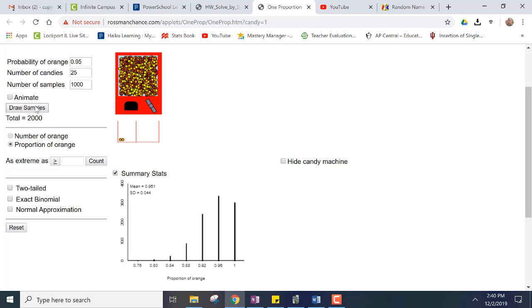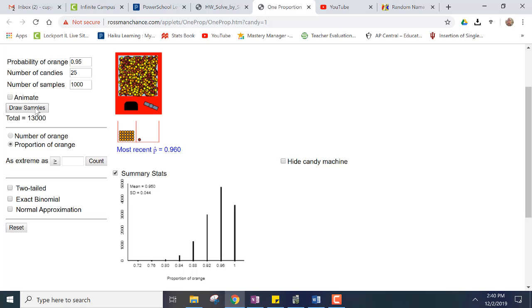We have a lot of high values. Do it again, and it's getting more and more skewed, and it's centered around where the mean is. The mean is not in the middle. We have 0 to 1, mean's not here. So all the way shifted up to 0.96.